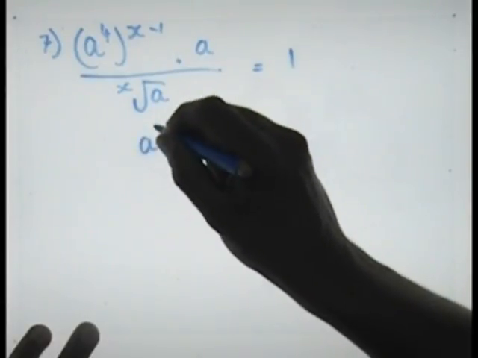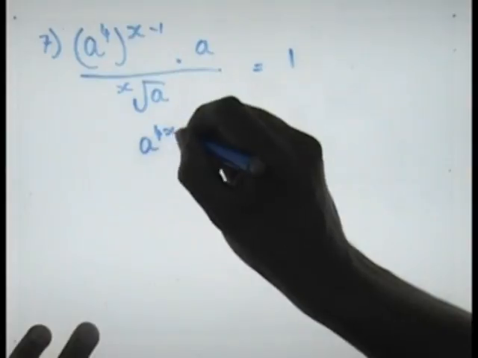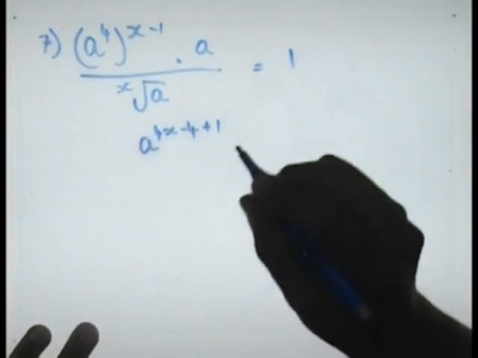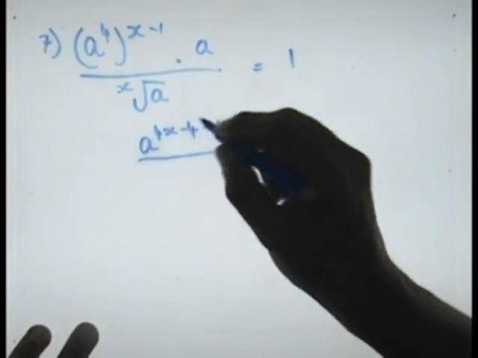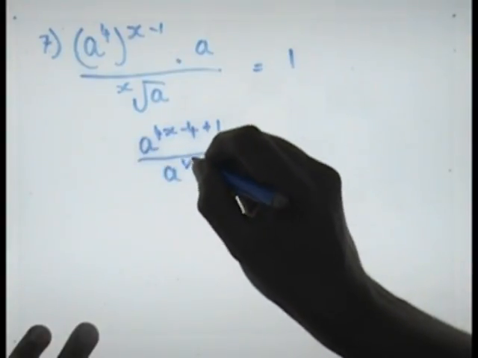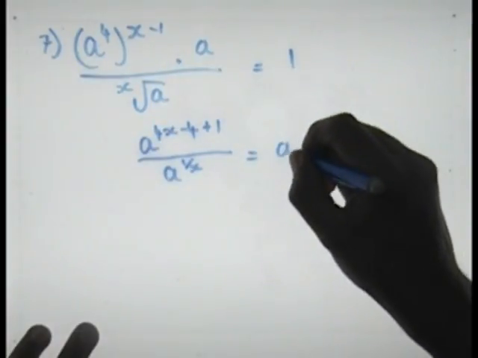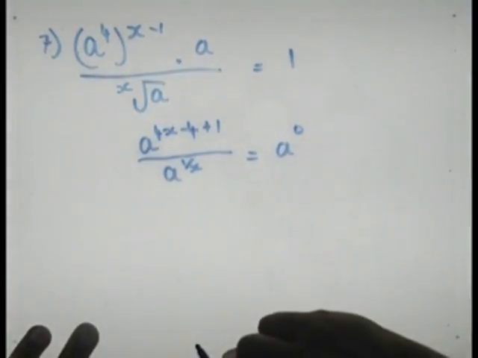This is going to become a to the 4x minus 4 plus 1, divided by the x root of a, which is a to the power 1 over x, is equal to 1, which is the same as a to the power 0.